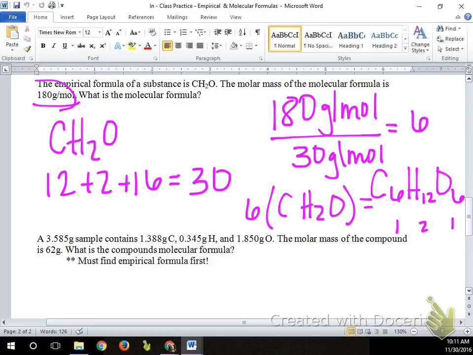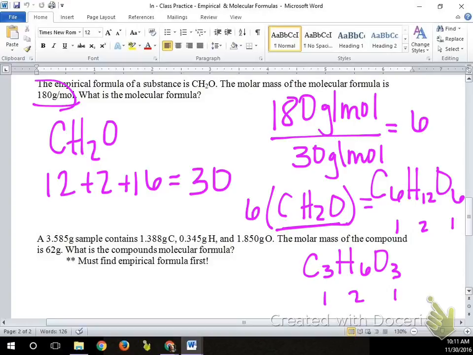The percent composition would still be the same, but we've just got a bigger version of that molecule. Would this be considered a molecular formula of this same compound? Yeah, right? It's still 1 to 2 to 1. Do we see how that works?